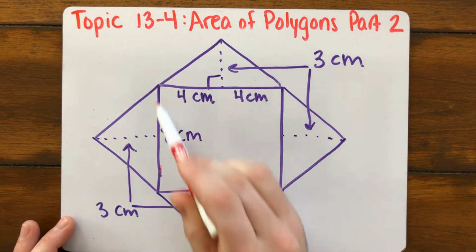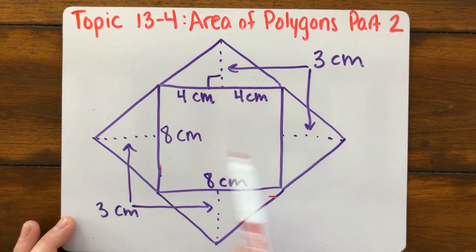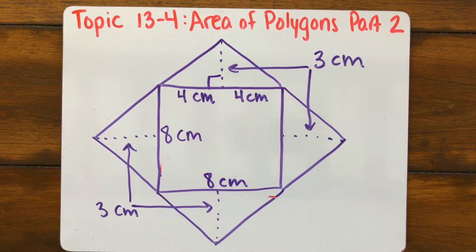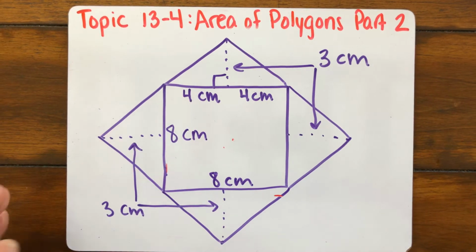So this is a square. And then there are 4 triangles around the square, and they all have a base of 8 and a height, you can see, of 3. So all the triangles are also the same. So really you just have a square and then 4 equivalent triangles. That's all this shape really is. So that's kind of how I like to find the area of it.